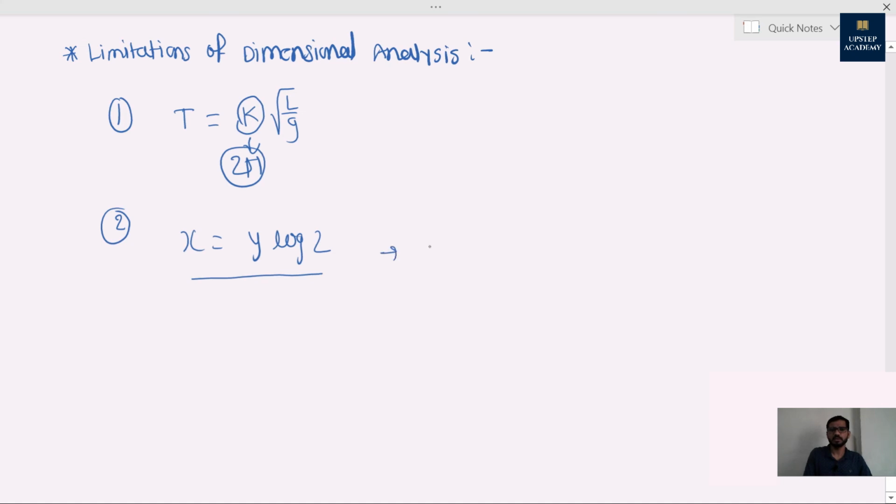Similarly, if trigonometric functions like sine, cos, tan, etc. are present in the equation, we can't set the relation between two physical quantities with each other. Similarly, if exponents are present like e raised to x, then also we cannot use dimensional analysis to set the relations between two physical quantities. So that is what the second limitation of dimensional analysis.